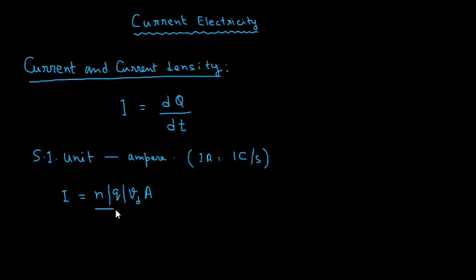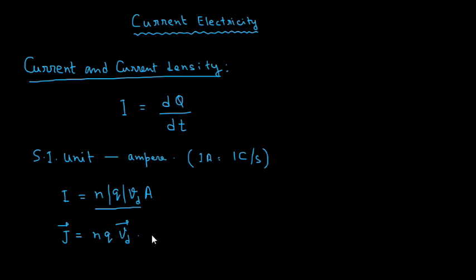This whole term till here, nqVd, is known as current density. It is a vector quantity. So current density we can write n q Vd. Drift velocity is also a vector quantity. The current density is current per unit cross-sectional area.